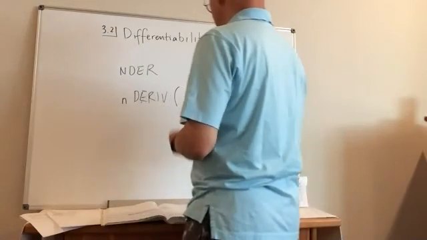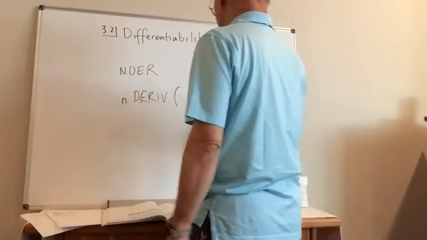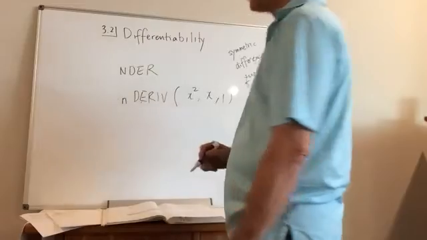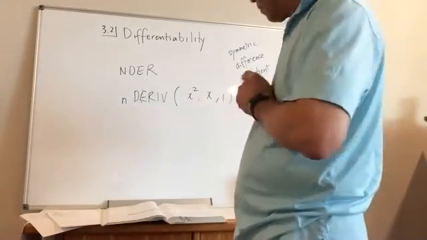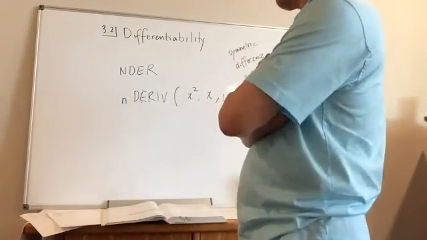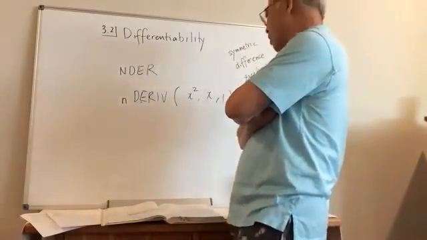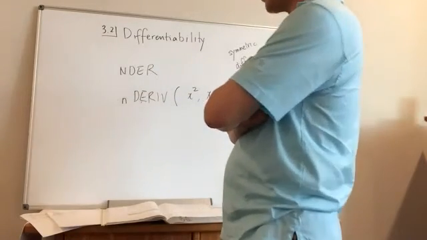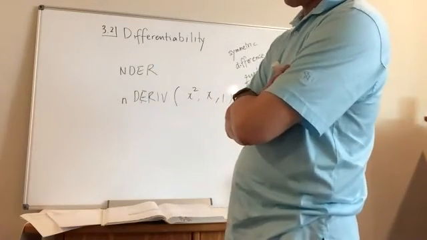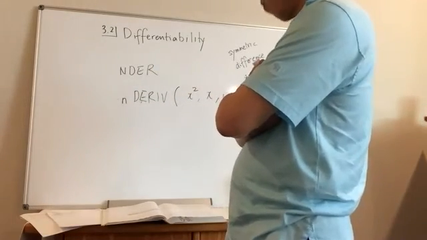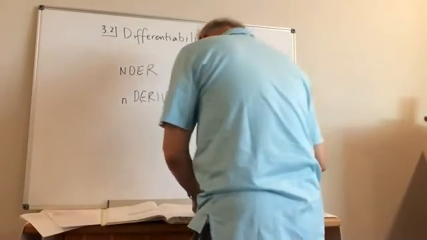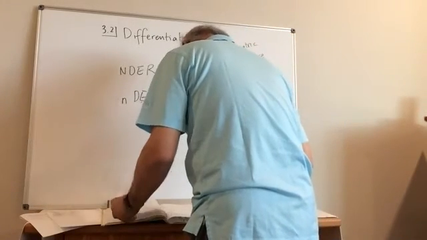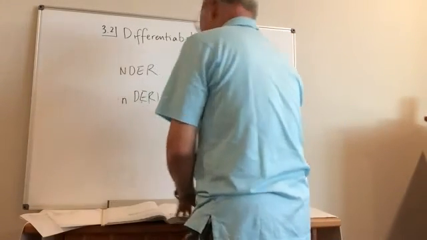Put this in, what do you get? I want to find the derivative at x equals 1 for x squared. It says 2, which is correct.